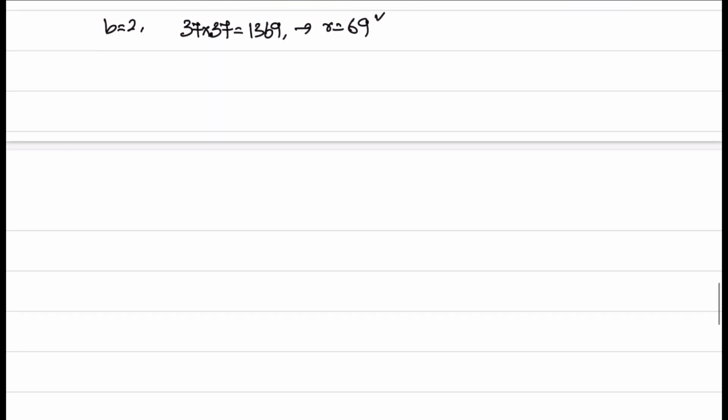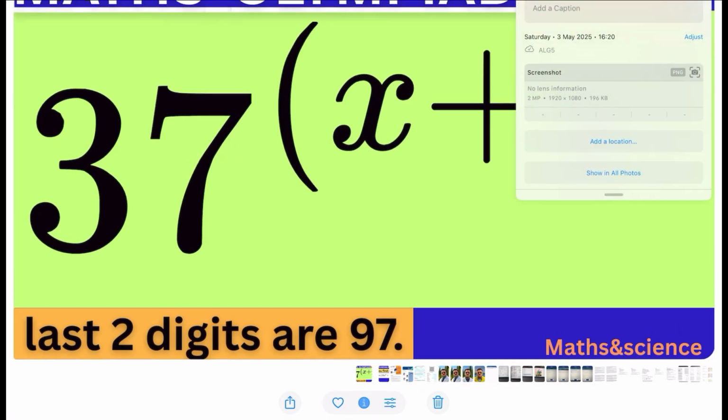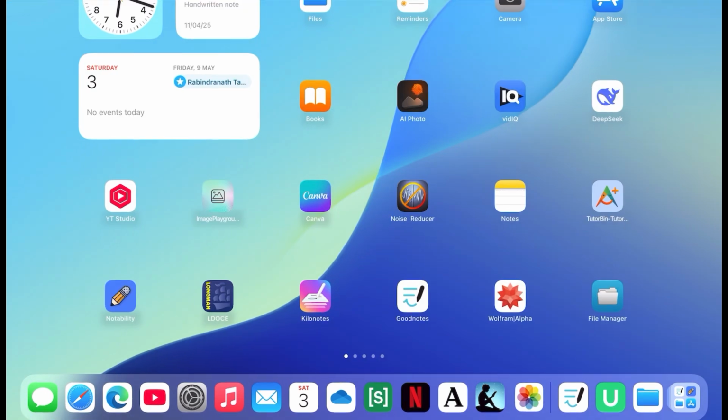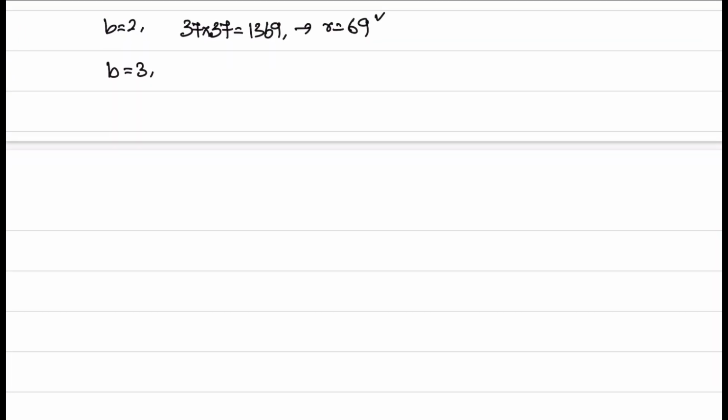When b is equal to 3, I need not take all of 1369, I can take only the last 2 digits of the previous value. 37 square is 1369, I need not take it because I am considering only 2 digits.